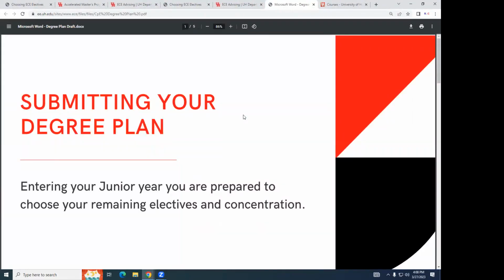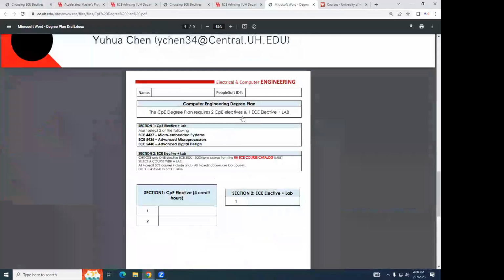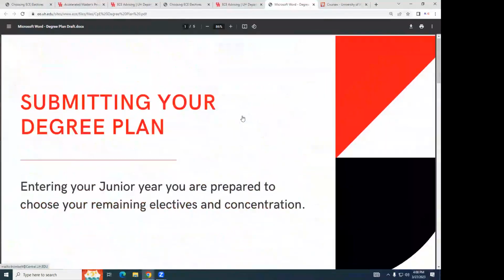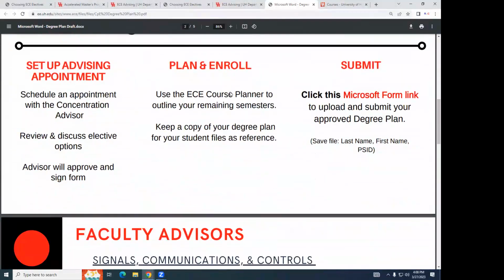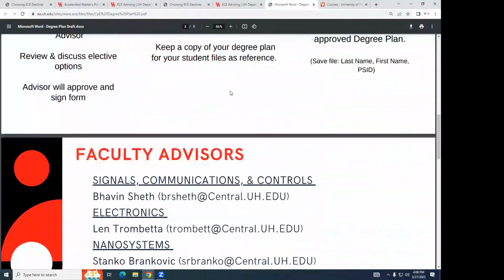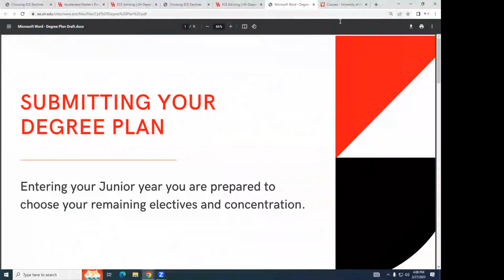For computer engineering, the degree plan form is fairly straightforward. There we go. This is the EE one. Where is the CPE one?